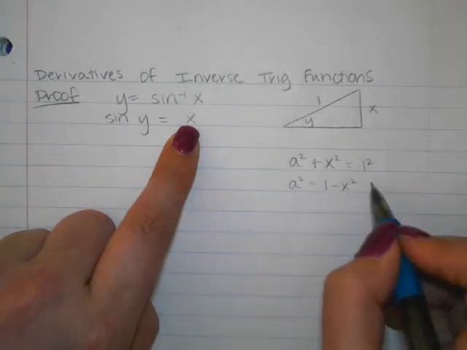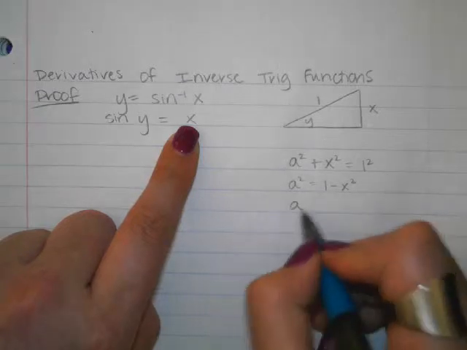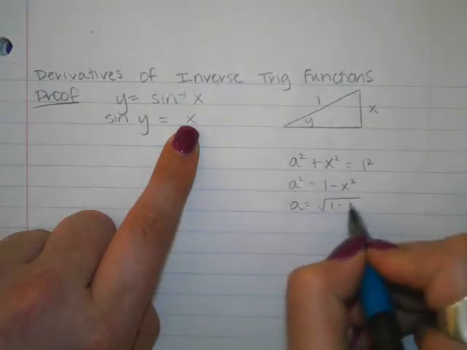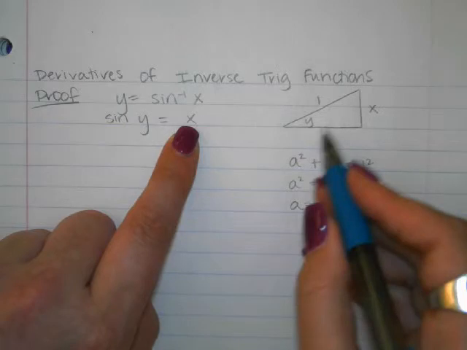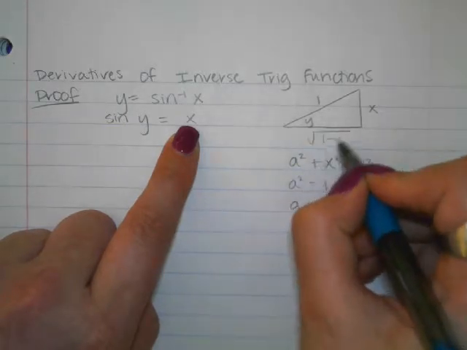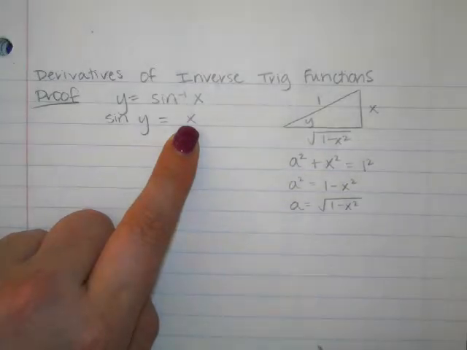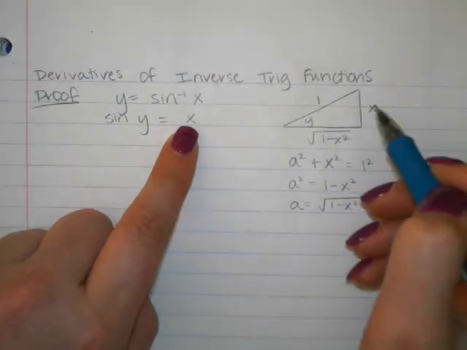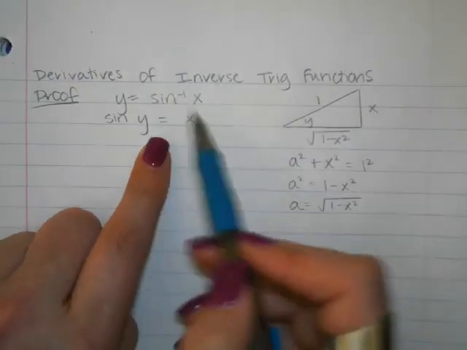And then I would square root that. I'm not going to do plus or minus because I know that's a positive side length, so I'm just going to use the positive. So what we've done now is we've drawn a right triangle and labeled the sides to represent this situation.